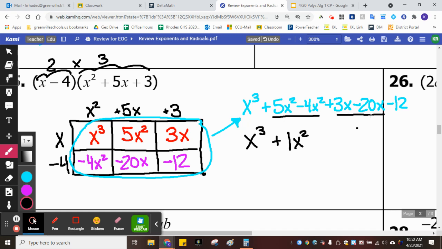And then 3x minus 20x. Almost. Not 18. 20 minus 3. 17. Nice. And then we'll just bring down the minus 12. That's your answer.